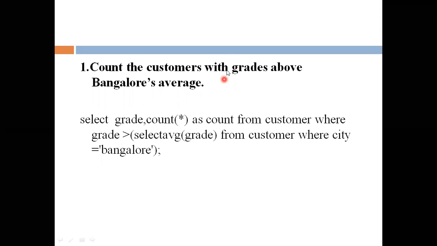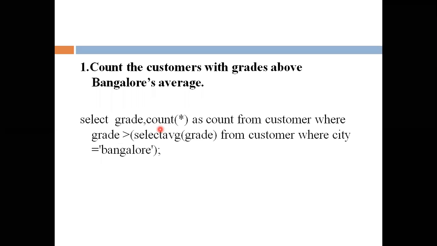So this we have done last week. Count the customers with the grades above Bangalore's average. So you need to count the customers' grade only in the city called Bangalore. For this, first I need to write the query as select grade.